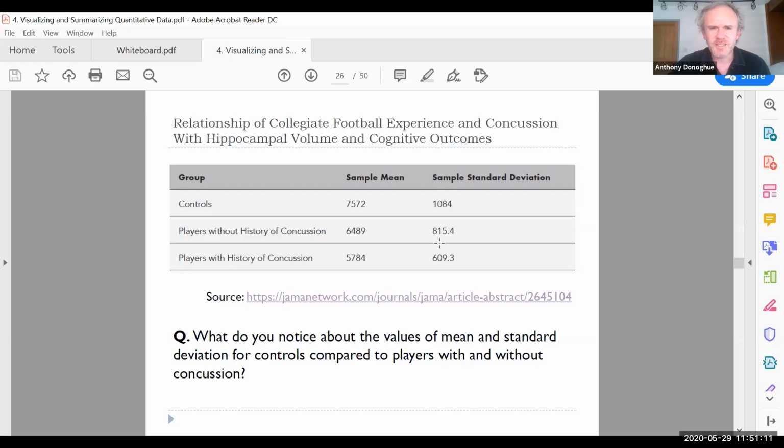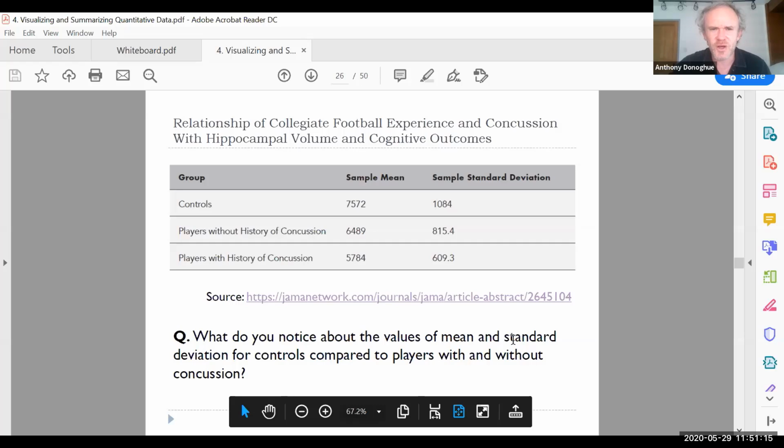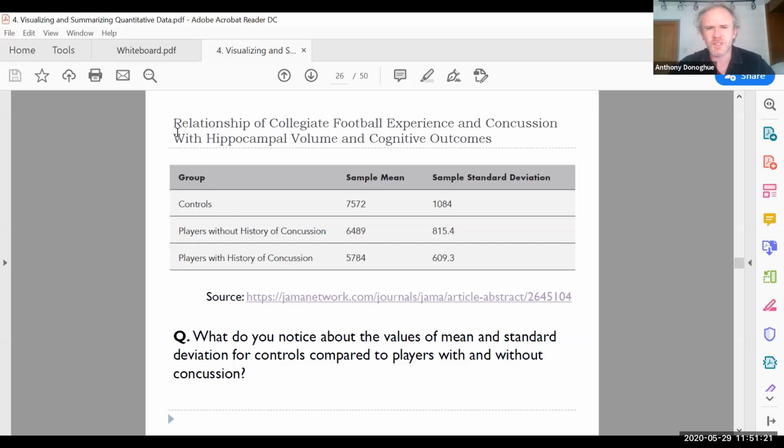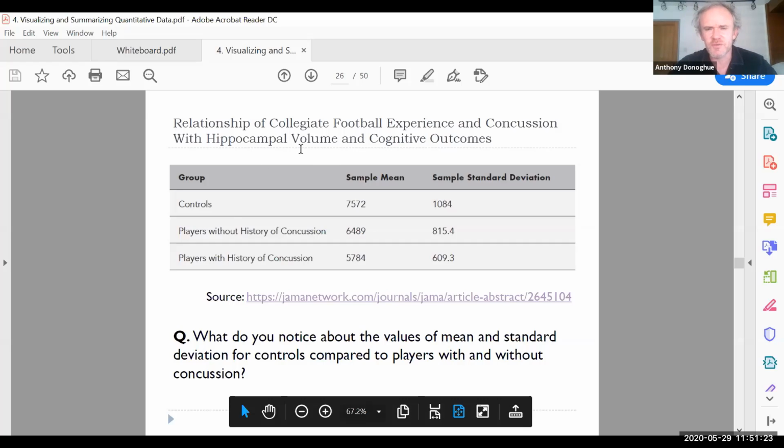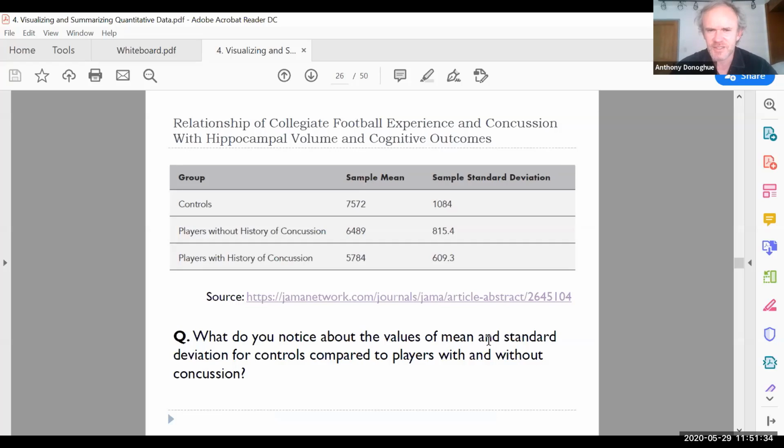Okay, again, this is one of my texts. I don't have much time for conversation, but what do you notice? This is college football and concussions, using hippocampal volume as a measure of cognitive ability in your brain. Is there anything you notice straight off the bat? The key way to step into analysis is to start calculating, graphing histograms, and we do box plots as well.